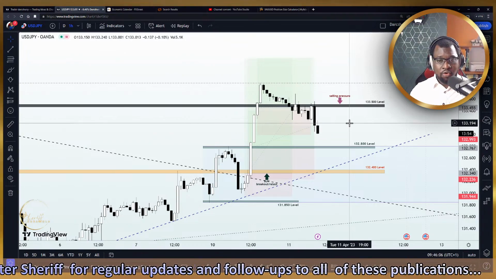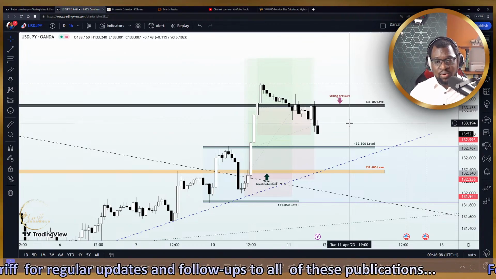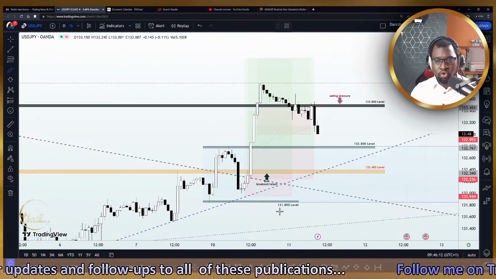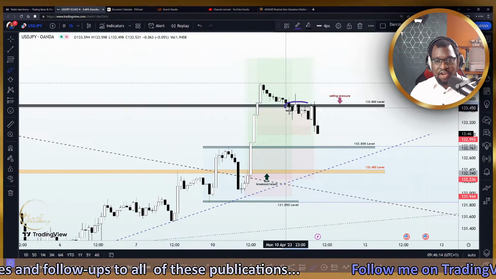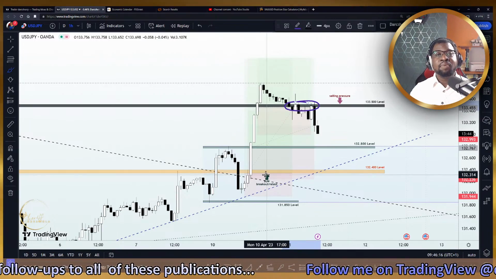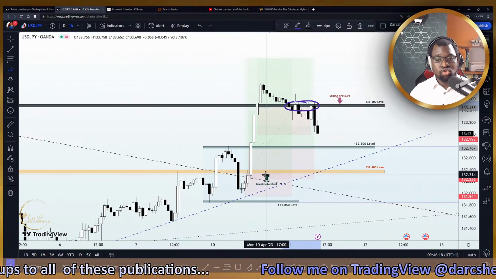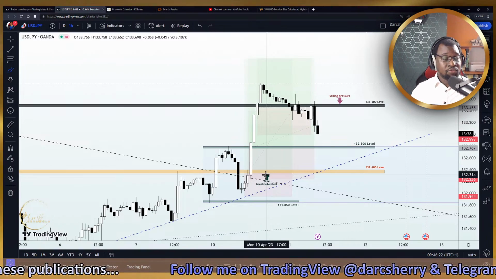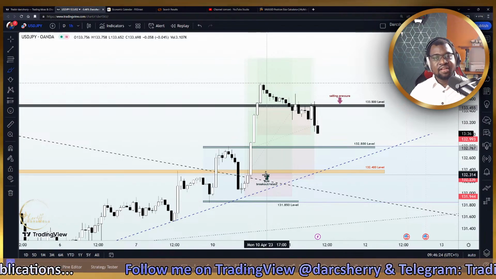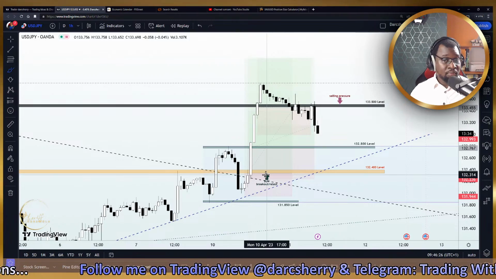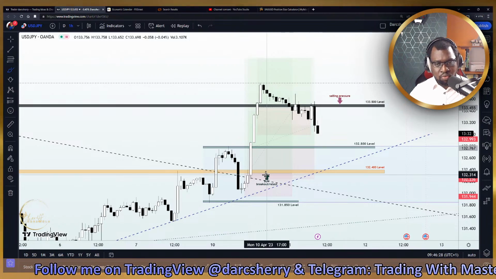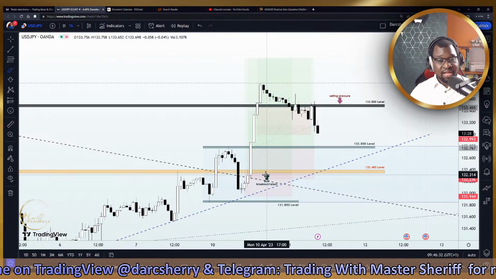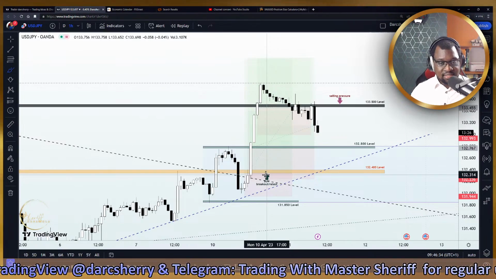Now, if you look at the current market structure here on the 1 hour time frame, you would have noticed that since price action broke down the 133.500 level here, we begin to see selling pressure resume below that structure. And at this point in time, I'm not really sure if a bearish momentum is going to be coming in at this point, or is this going to be a retracement of that impulse leg that started yesterday.